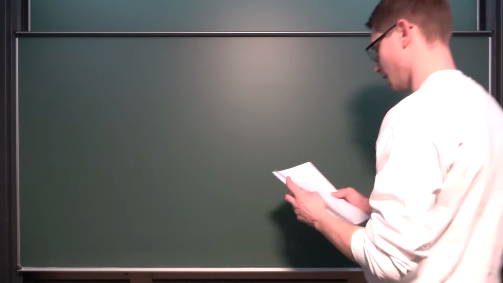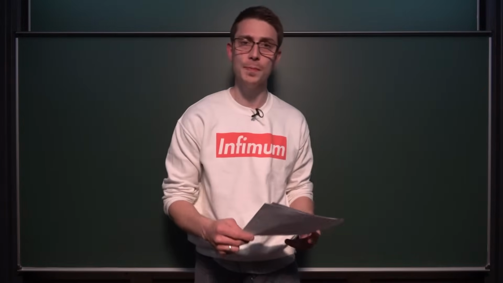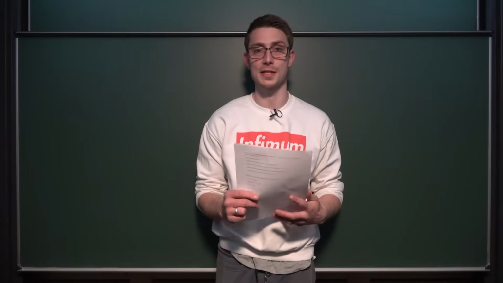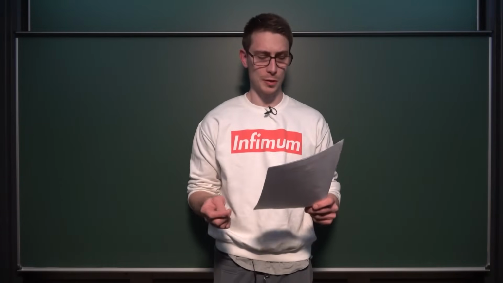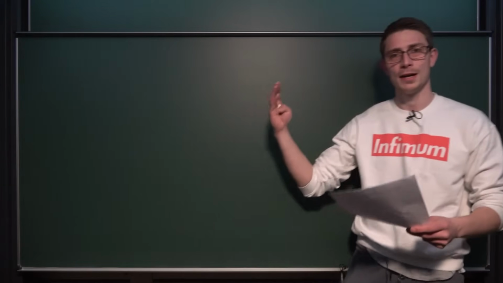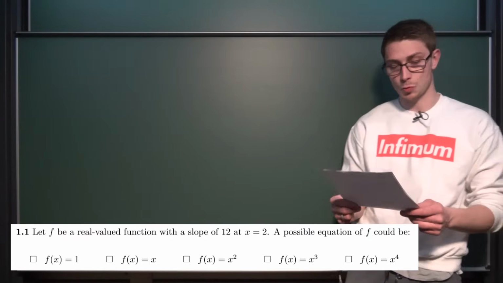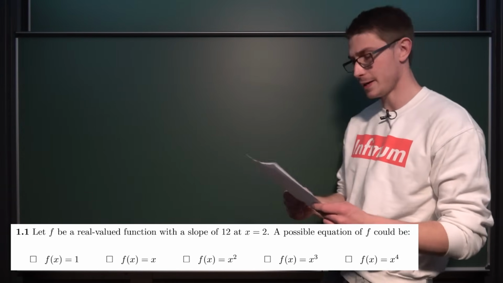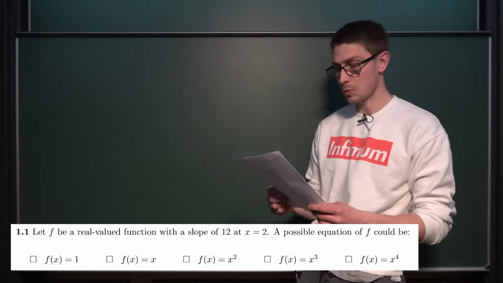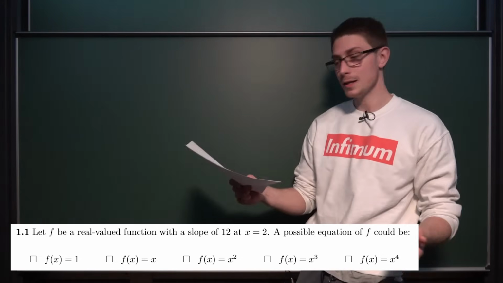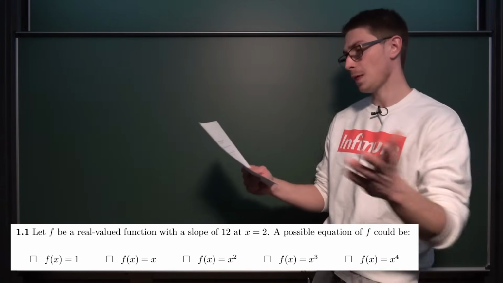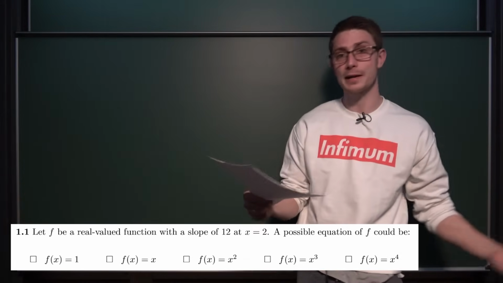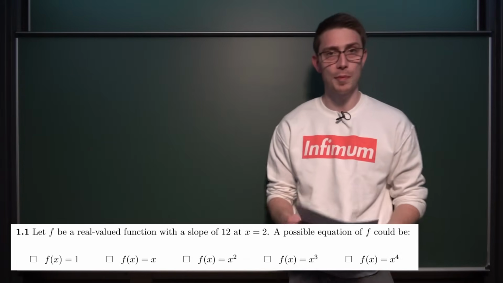Alright, let us dive in, and with some editing magic you should be able to see all of the exercises here on the screen right next to me, just like this one right here, 1.1. Let f be a real valued function with a slope of 12 at x being equal to 2. A possible equation of f could be either f of x being equal to 1, x, x squared, x cubed, or x to the 4th power.